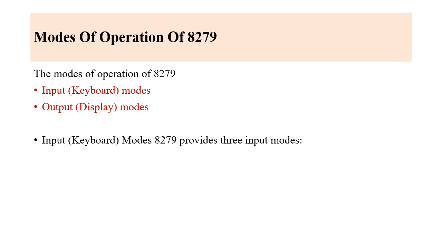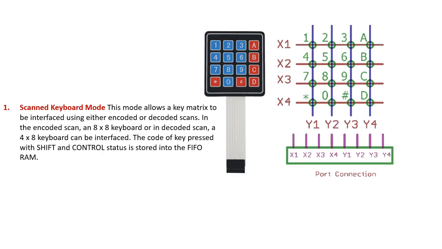Now let us discuss the different modes of operation of 8279. 8279 can work in two different modes of operation. First one is input mode and second one is output mode. Let us discuss the input modes of 8279. First one is the scanned keyboard mode.